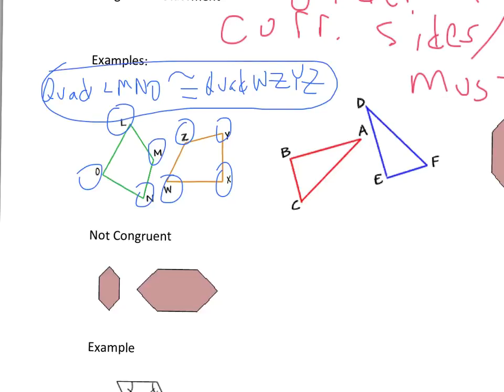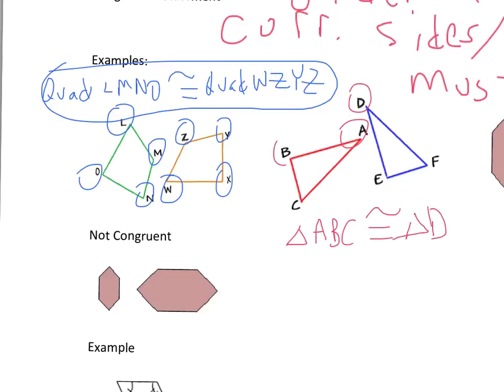Looking at these two triangles, the red triangle and the blue triangle, to write a congruency statement, we're going to say triangle ABC is congruent to triangle. Now, A, as you can see, corresponds with D, so D has to go first.